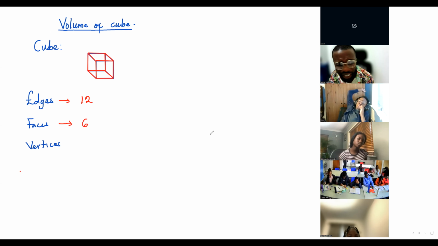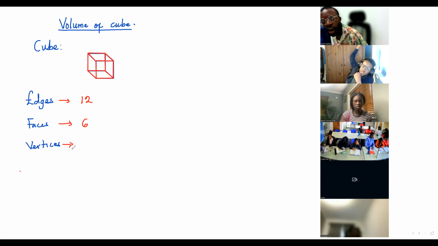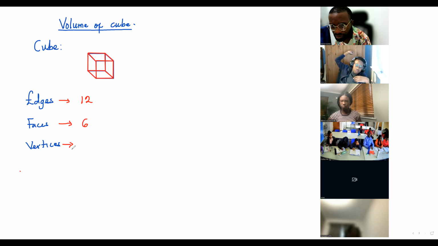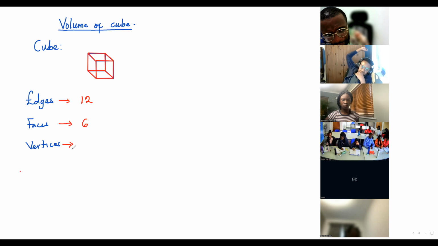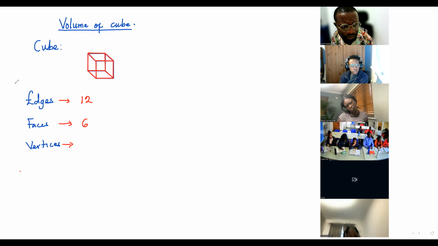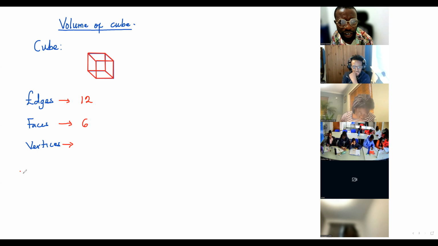Now, how many vertices does a cube have? Yes, Reese. I think it might be 8. It might be how many? 12. Okay. Yes, Gabriela, how many? 8. Let's count. Everyone, let's count. So I'm going to put a circle round the vertices.